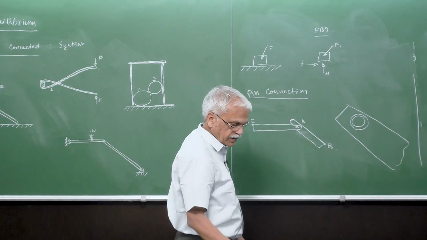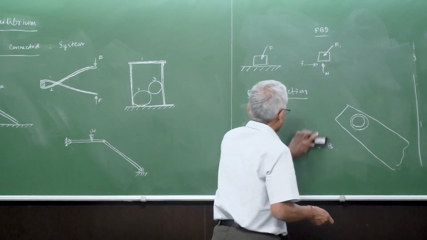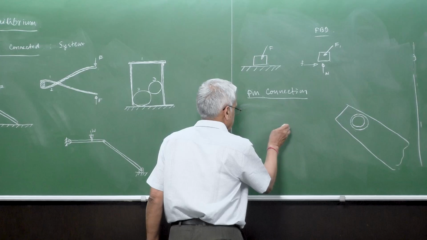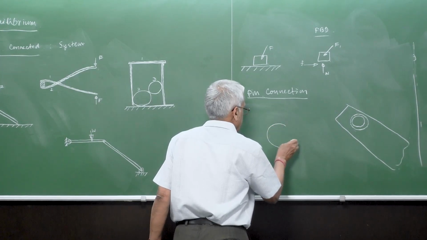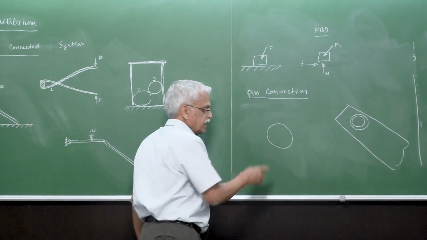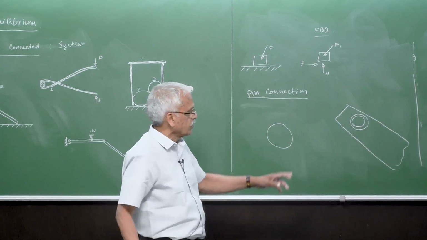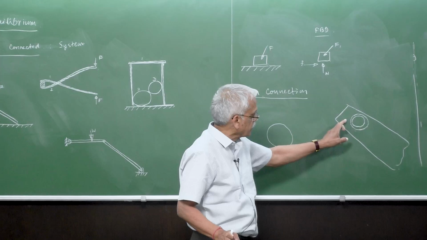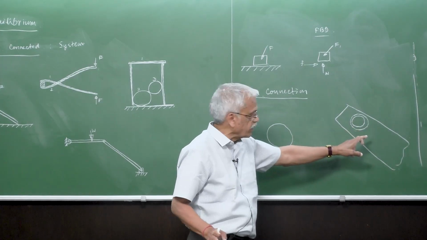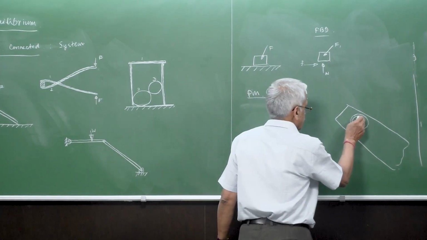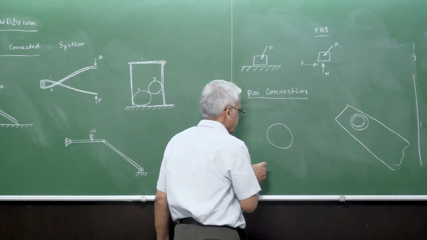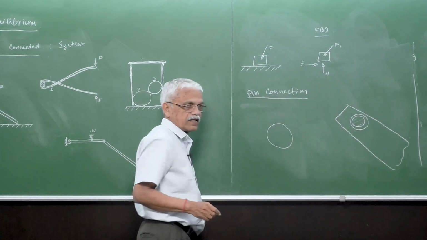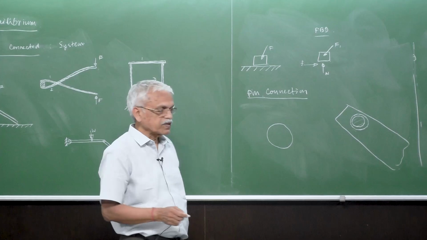So if you look at the pin here, if you isolate the pin, and at each and every point on the pin, we assume that there is a contact by this hole in the rod on the pin here.